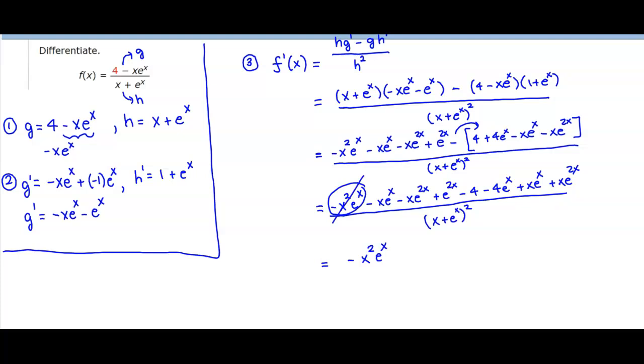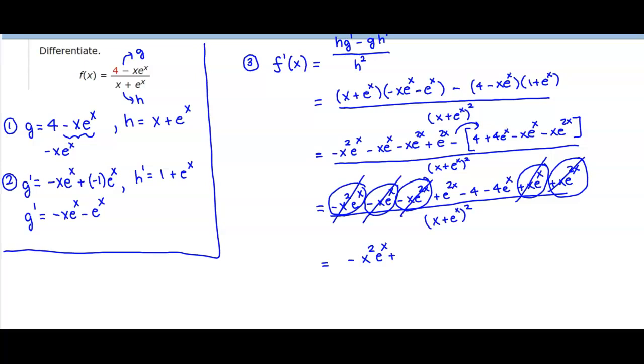Okay, and so we have this term here and this term here, which we can let equal 0. And then we have this term here, negative x e to the 2x plus x e to the 2x. So therefore we can eliminate that.